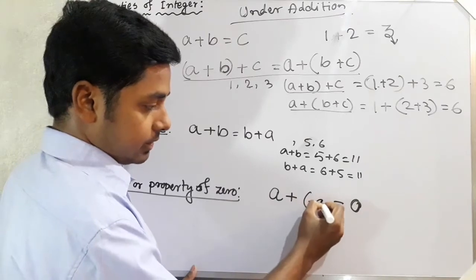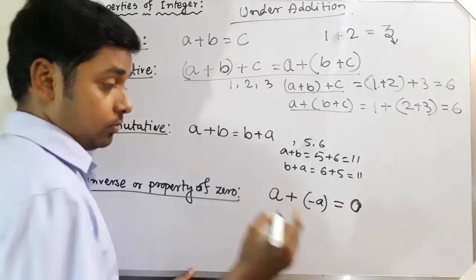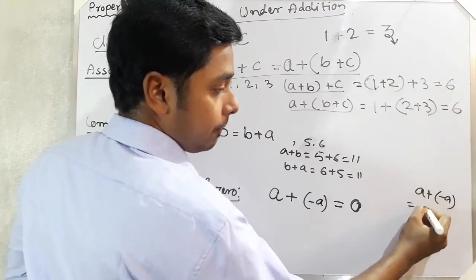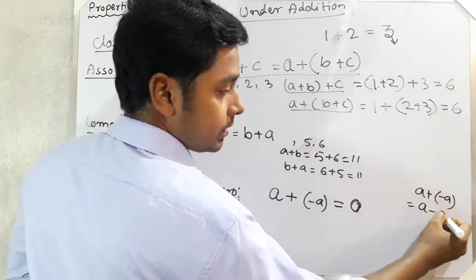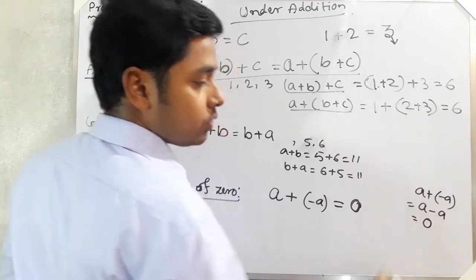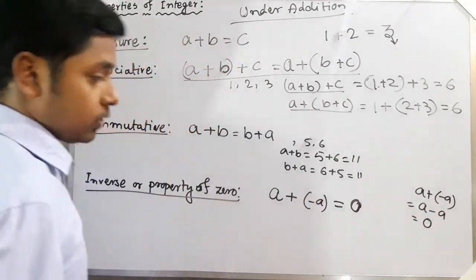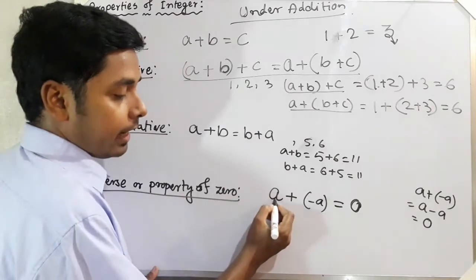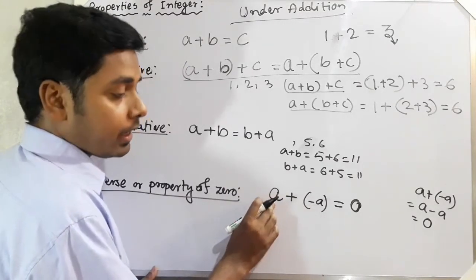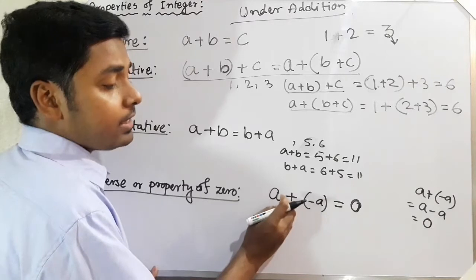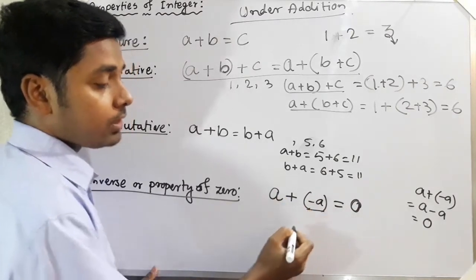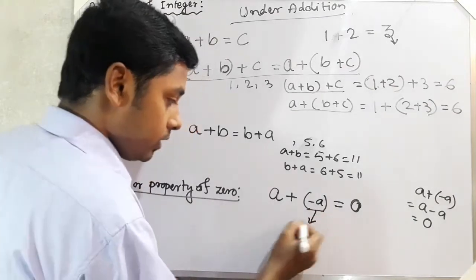Obviously this is minus a, because why? a plus minus a, that means what? a plus into minus, minus a, so a minus a, 0. Okay, so what is this property? That means if we add an integer a and its inverse element, that is minus a, then minus a is called what?